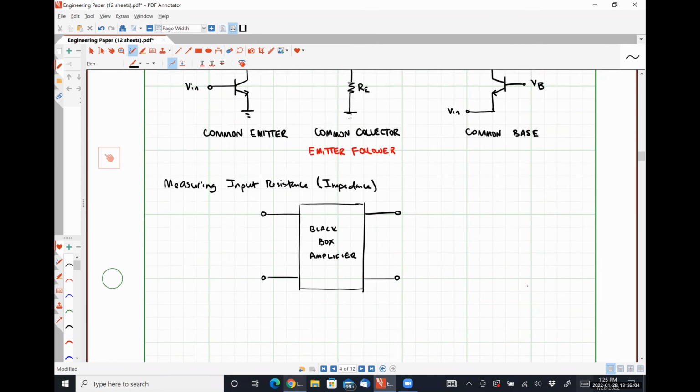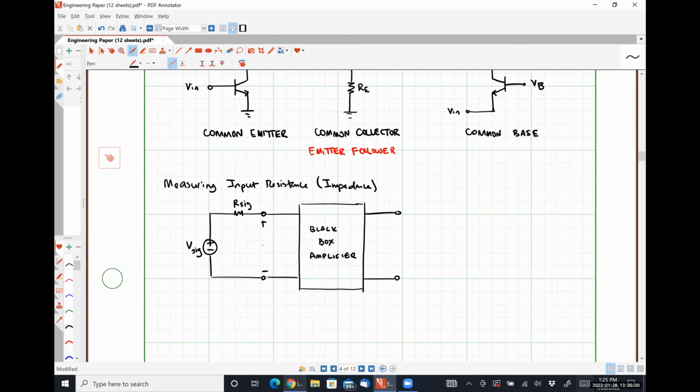If we want to measure the input resistance, we apply here's Vs, I'm going to call this V signal and R signal.